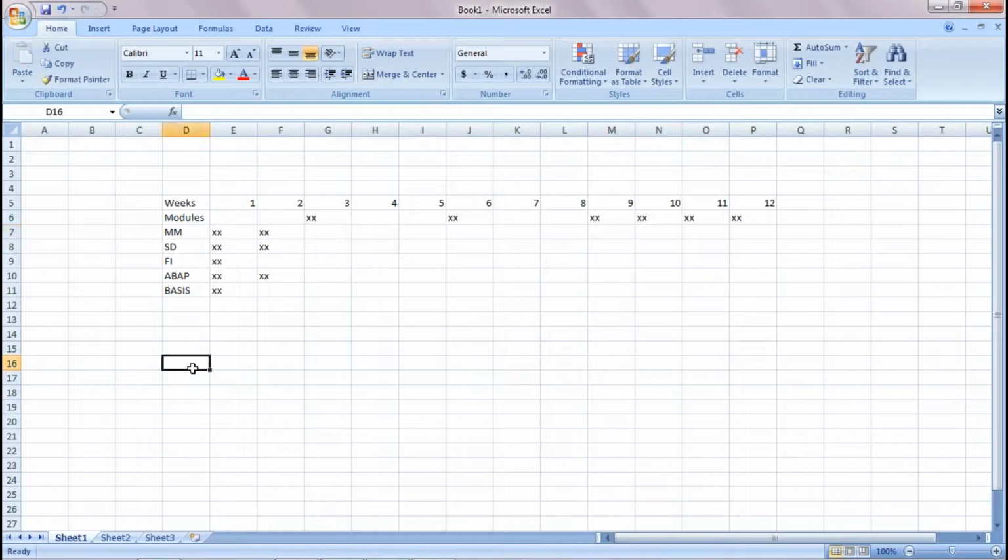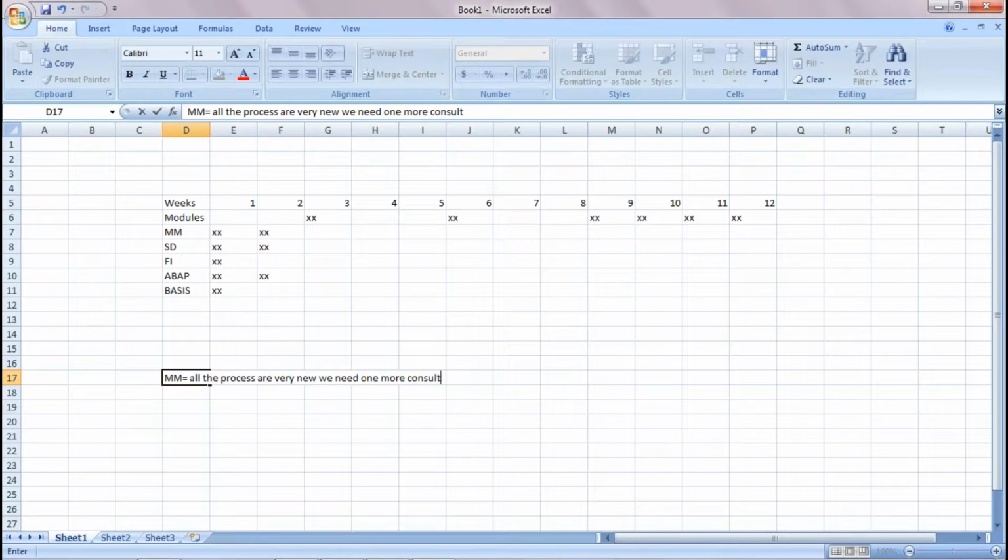What does MM say? All tools are very new to us.